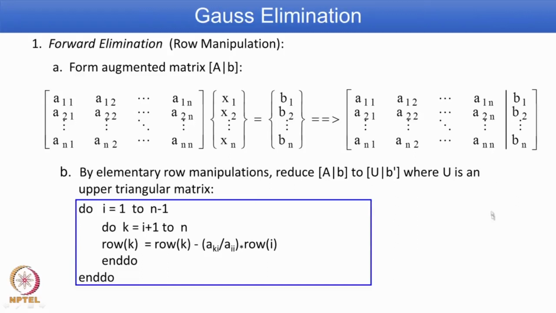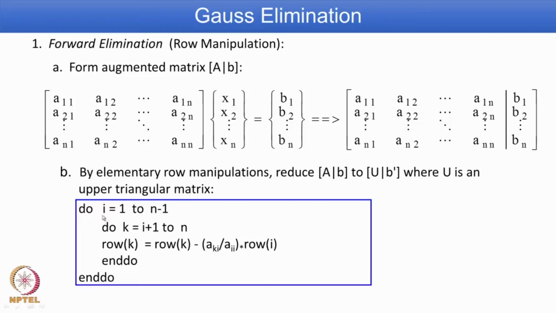Now we perform elementary row manipulation to reduce that augmented matrix to the upper triangular matrix U, with every time you get a new value for B also. What is shown here is a skeleton of the program used to perform this operation.